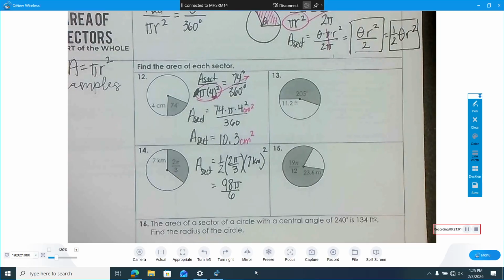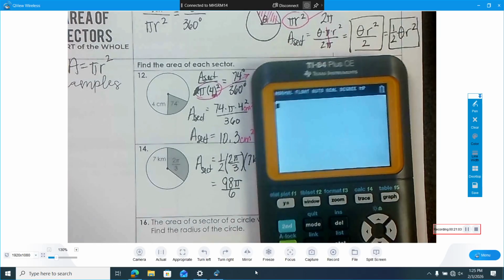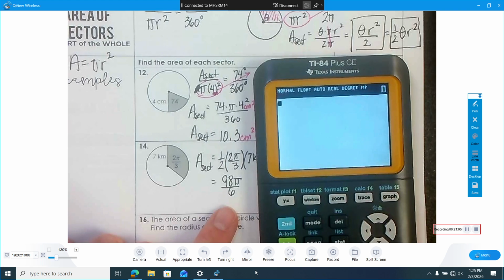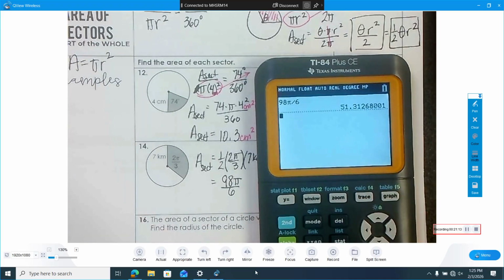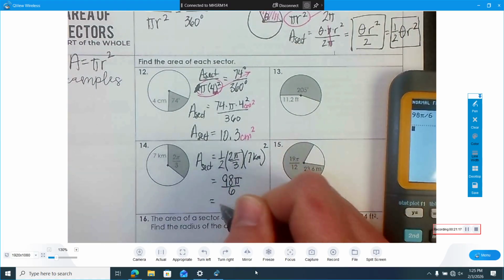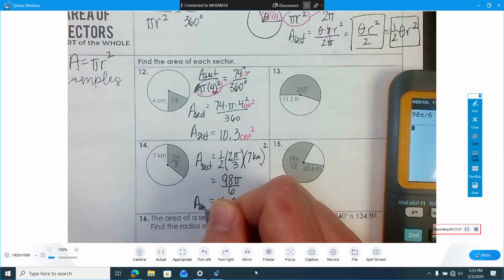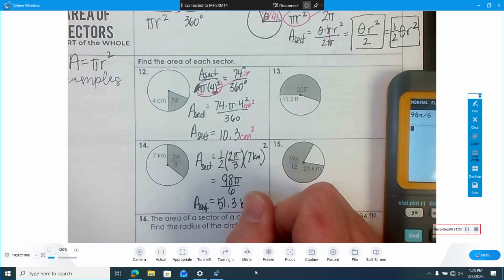Yeah, I don't really care, but sometimes it's good. All right, 98 times pi divided by 6, we get 51.3, approximately. What are the units? Kilometers squared.